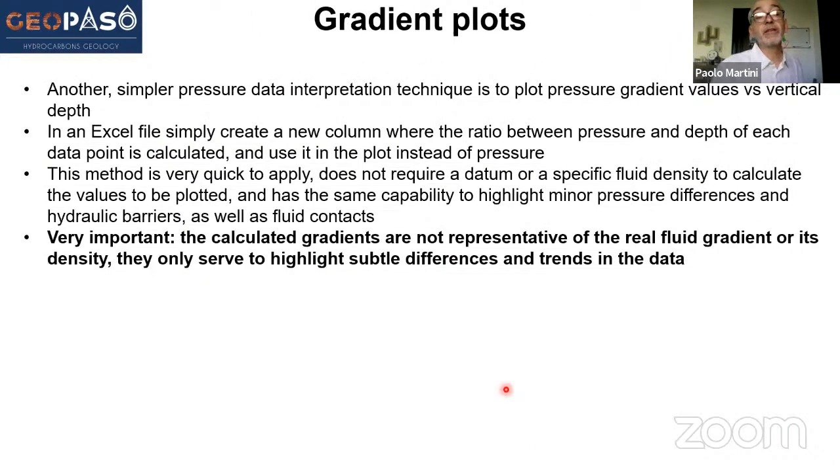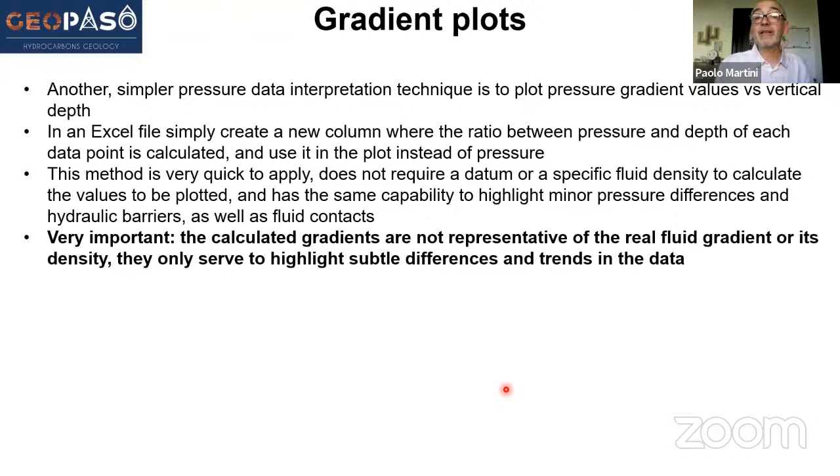I found that there is another plot which is even easier to build, which is the gradient plot. Instead of plotting the pressure versus depth, you divide pressure by depth and you plot this ratio against depth. It's very quick to apply because you just do a formula in an Excel spreadsheet and replace the pressure in the chart with the ratio between pressure and depth.